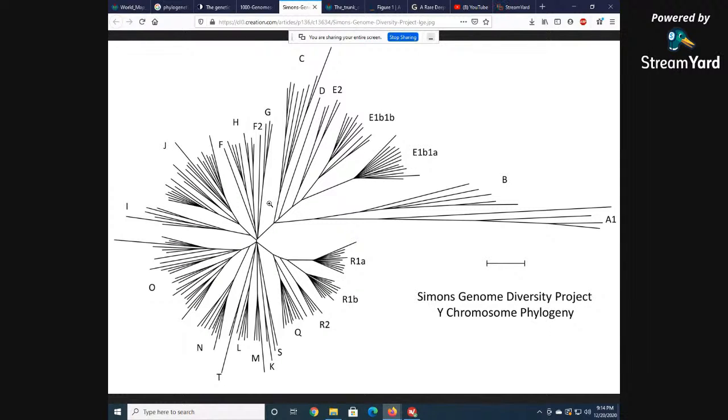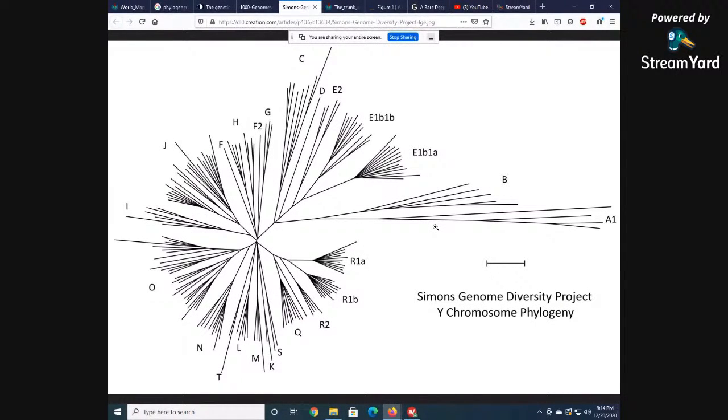The F is on another tree. See the F and the F2? It's an entirely different tree, totally unassociated with the African family tree, totally unassociated with the Africans.